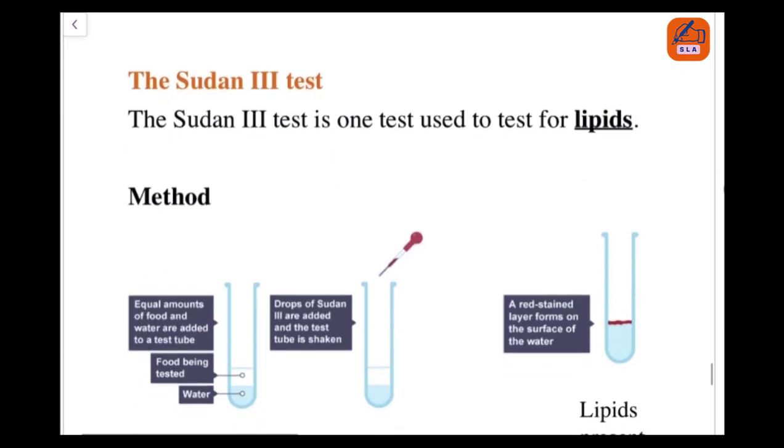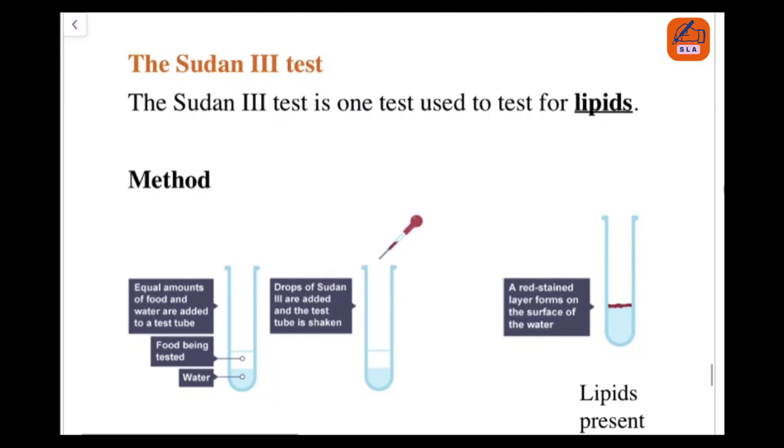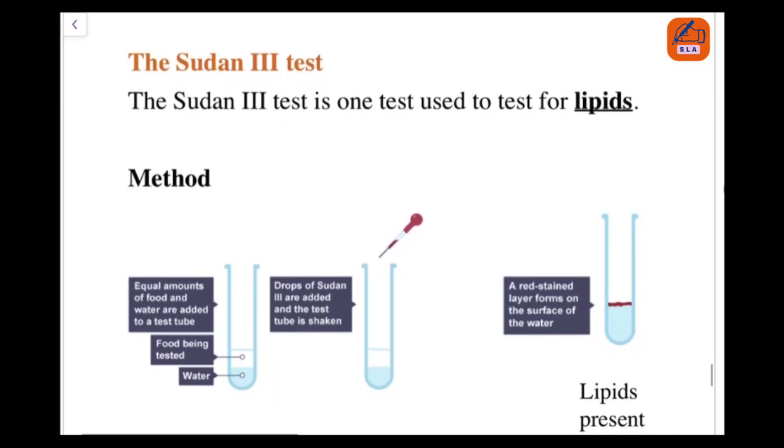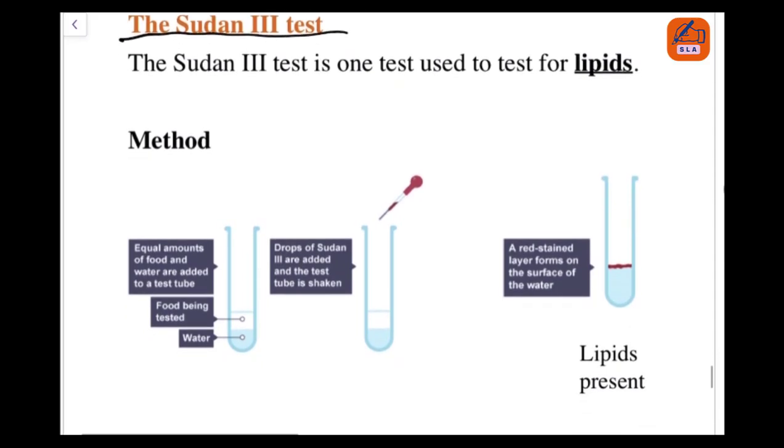Then we have the second type of test which we use to see if we have lipids in a solution or not. And that one, my dear students, is called the Sudan 3 test. What we do in the Sudan 3 test is at the beginning somewhat similar to what we did in the ethanol test.